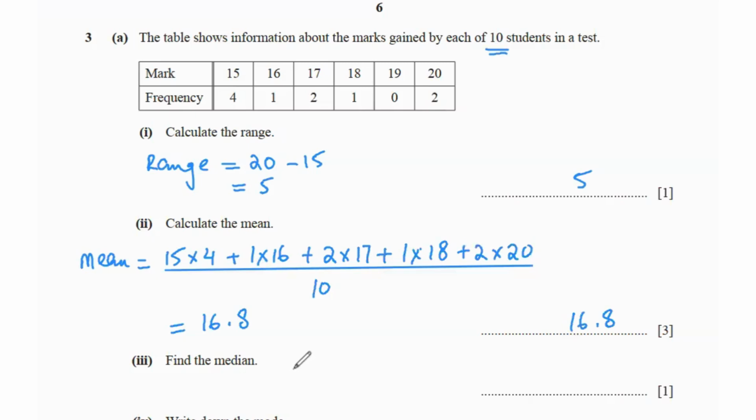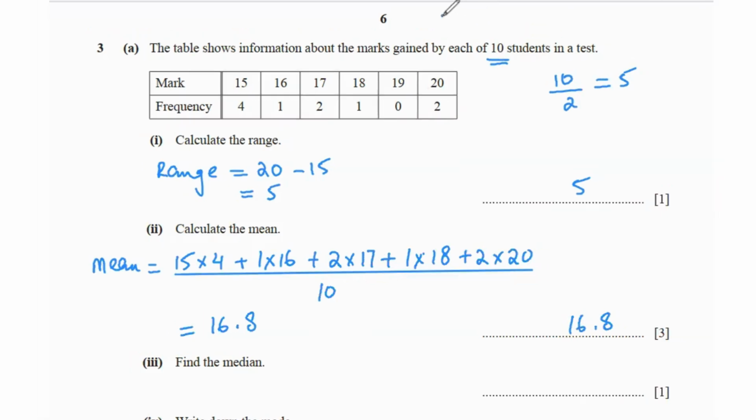Then it says find the median. So median is your middle value. So since there are 10 students, 10 divided by 2 is 5. So we need to see the fifth value that's right in the middle. But if we write this down, 1, 2, 3, 4, 5, 6, 7, 8, 9, 10, it's an even number of values.